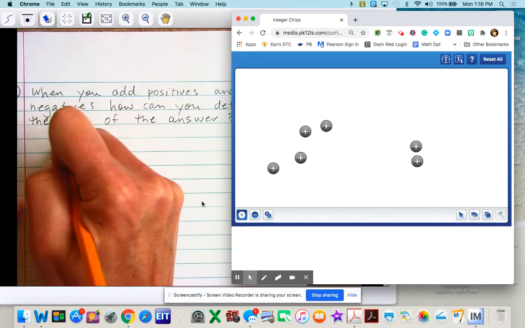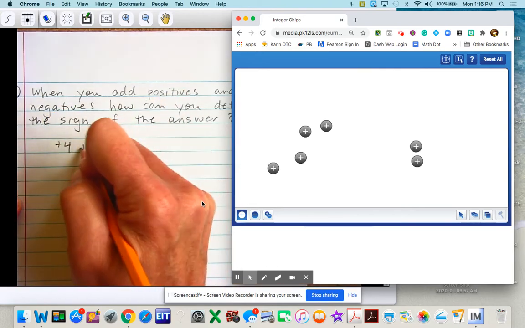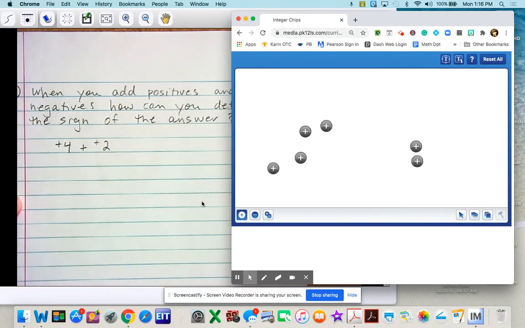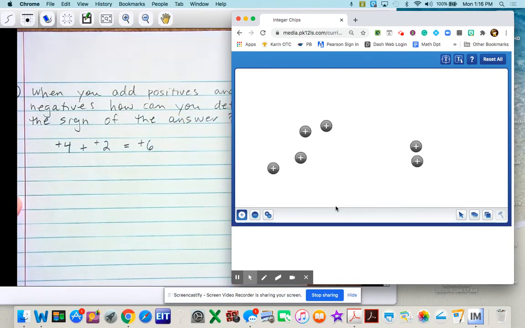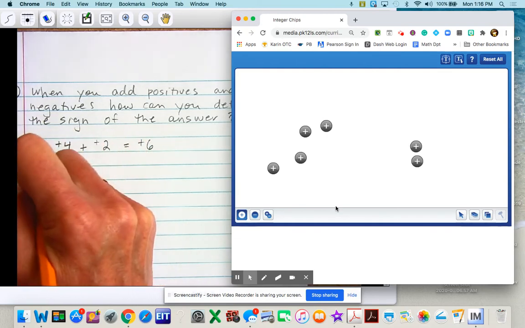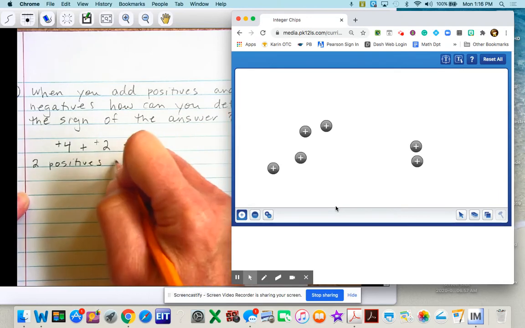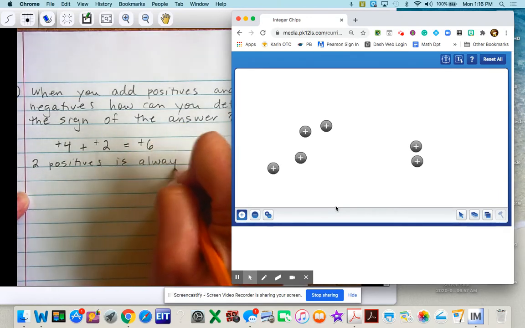If I have +4, so like 4 black chips, and I add +2, 2 black chips, what's my total going to be when I sum those together? Do you see I've got a total of +6? I should know that that will always happen. So 2 positives added together is always positive.